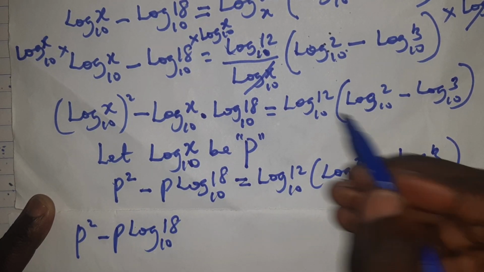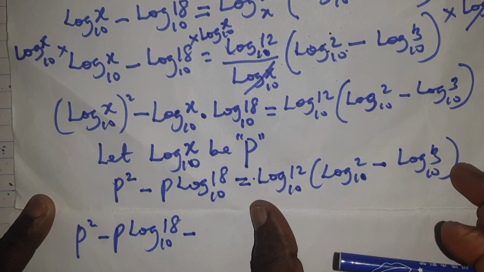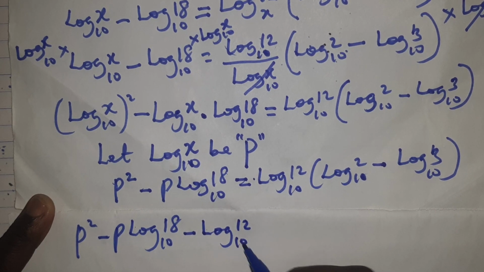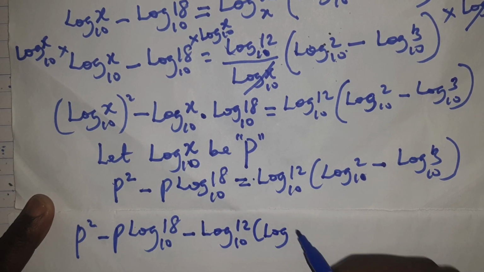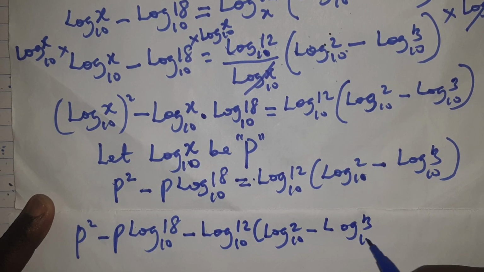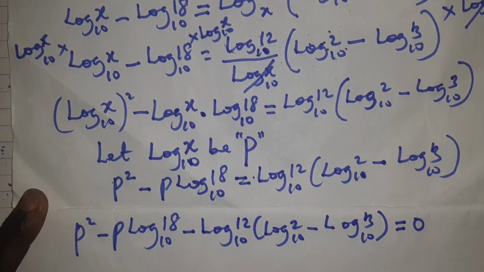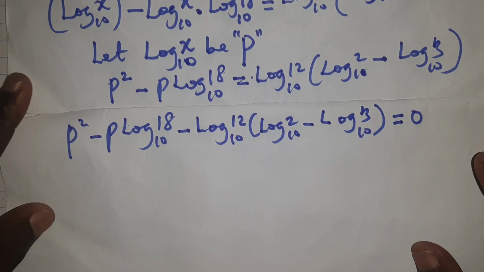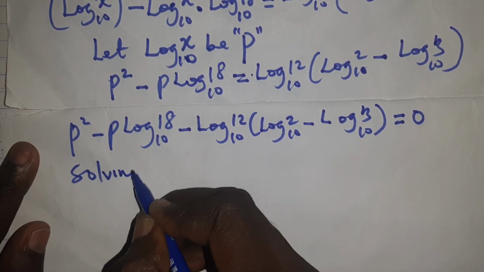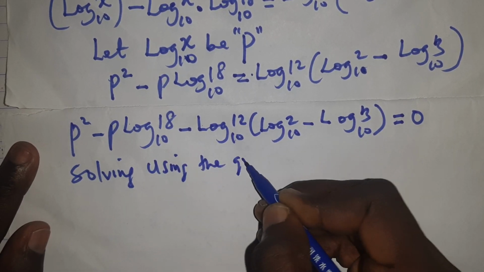Then this whole term comes over and becomes minus, because it moves to the other side: minus log 12 base 10, open bracket, log 2 base 10 minus log 3 base 10, close bracket, equals 0, because there's nothing on the right hand side again. So we can solve this using the quadratic formula.